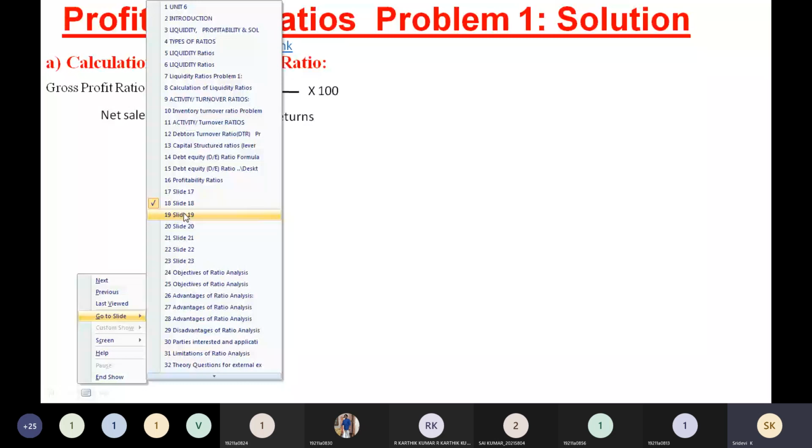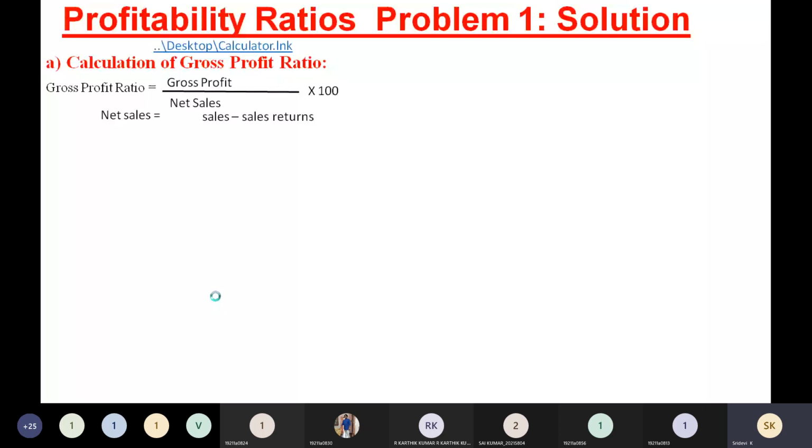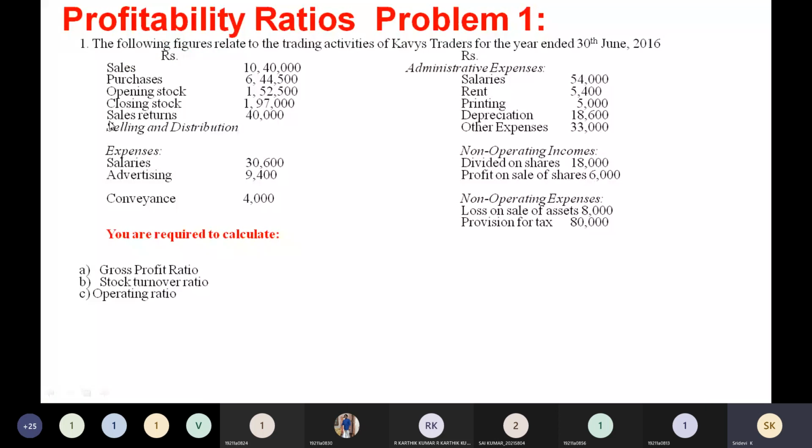Sales was given as 10 lakhs 40,000, and sales returns you can see below the closing stock. You follow the cursor where I am showing. Sales returns is given here as 40,000, right? If you deduct that, you will get the net sales. Always keep in mind that net sales are required. Whenever sales returns are given, you deduct them from the sales, and only then you take the sales value.